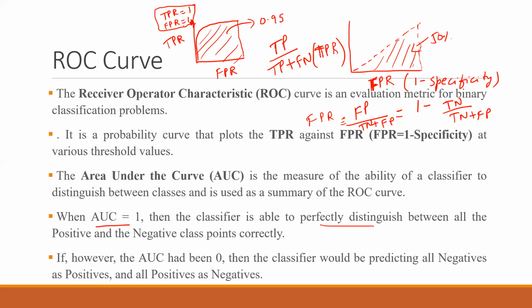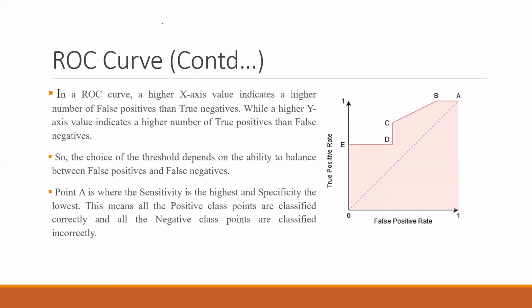That you are judging 100% false positive rate, and you are also getting the TPR value as 100%, that you are also calculating the true positives. Okay, we will understand this further with an example to see what is happening here. I wanted to discuss this, but I wanted to give you a picture. So we have in this ROC curve a higher x-axis value.